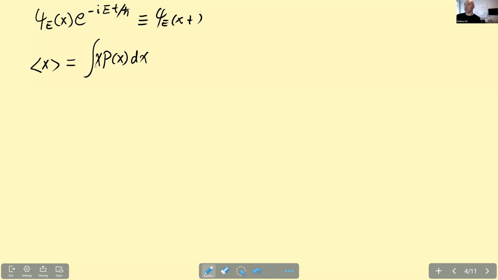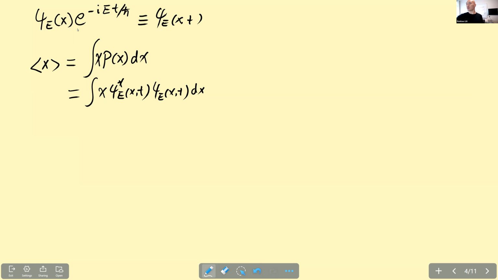Okay, so you put this p into this one, you have the integral of ψ(x) complex conjugate times e^(iEt/ħ) and ψ(x) times e^(-iEt/ħ), x dx, right?